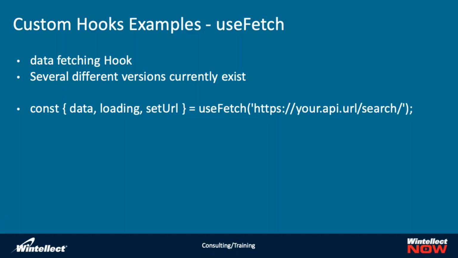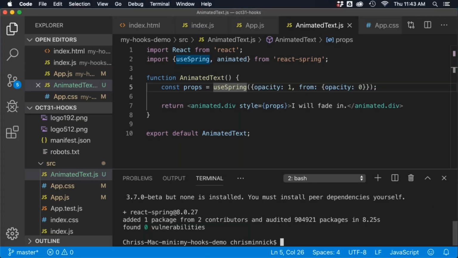So there are different versions, different people have created different fetch hooks, but a really simple one is the one that I'll show you right now, where all you do is say useFetch and then pass in a URL, and then it gives you back the data from fetching that. It gives you back whether loading is true or false, and it gives you back a method for setting the URL for the next fetch. And so to use fetch, we have to just install npm install react-hooks-lib.